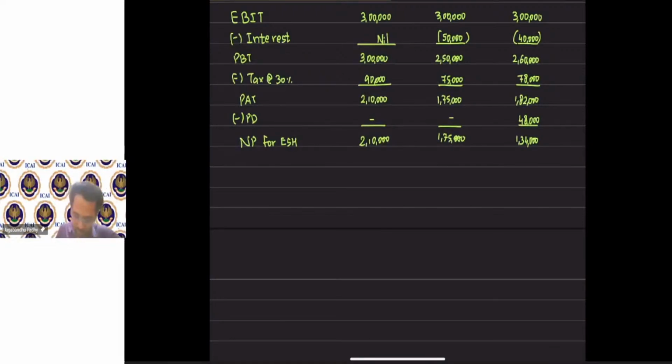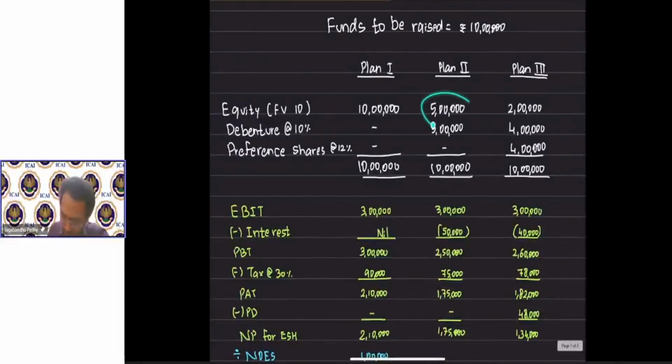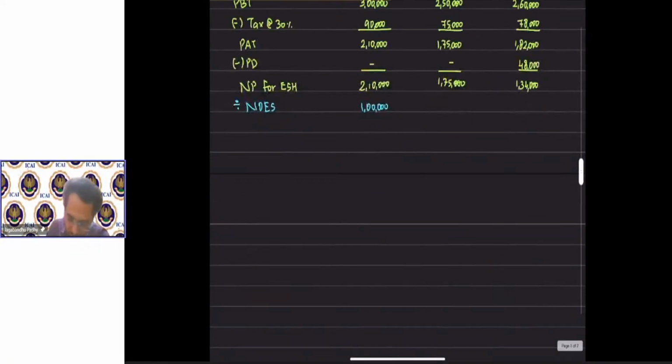So we'll divide the net profit for equity shareholders by the number of equity shares, which is 1 lakh in the first case. In the second case, it's 5 lakh divided by a face value of 10, so that's 50,000. And here we have 20,000. Right. So this is giving us the earnings per share.